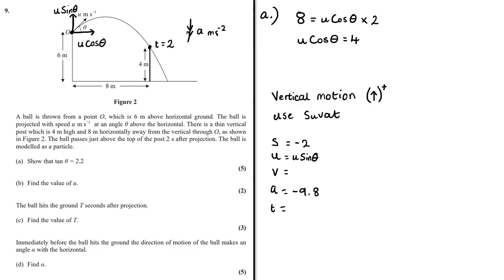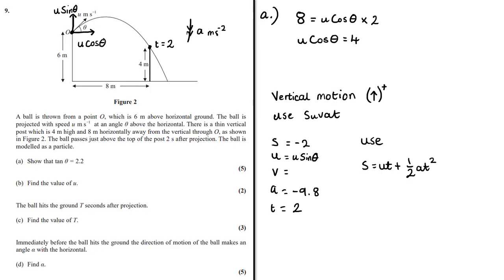And t we know is 2 seconds, so t equals 2. So what I need to do now is find the suvat equation that links all of these letters together. So the equation that we're going to use is S equals ut plus a half at squared.